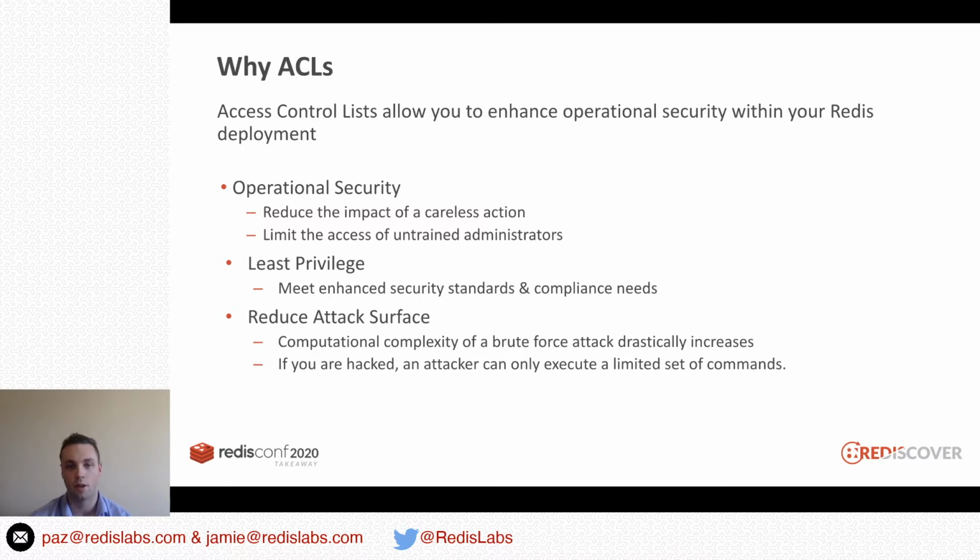If you are hacked, only the limited subset of commands and command categories that you have given a user access to is accessible to that attacker. You also greatly reduce the risk of a brute force attack by increasing the computational complexity required in a password guessing attack. You now have to guess a username, and this is much harder. While the default user still has the same computational complexity risks, you can easily disable this with ACLs.